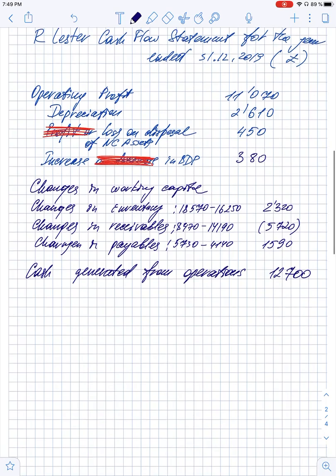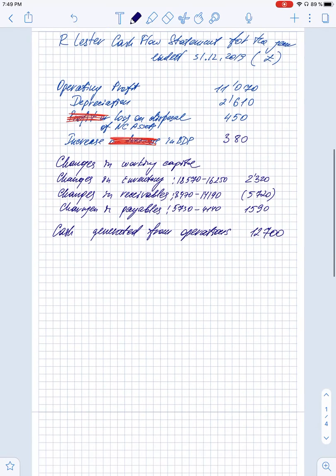Then we have to consider interest payment and tax payment. But since we have discussed that issue, we can just leave those lines blank because the company has given no information. We have no information about interest paid and tax paid, so we assume them to be zero. Interest paid and tax paid should appear here.